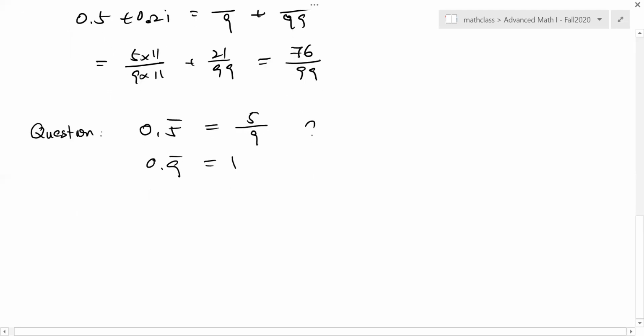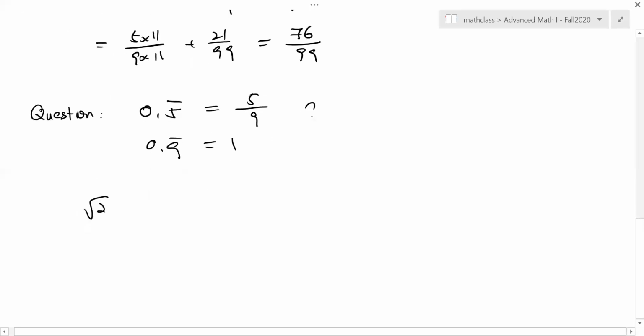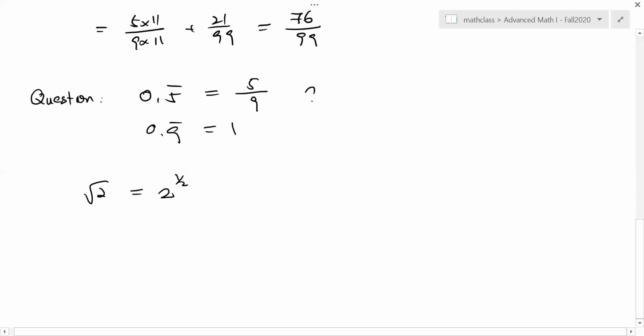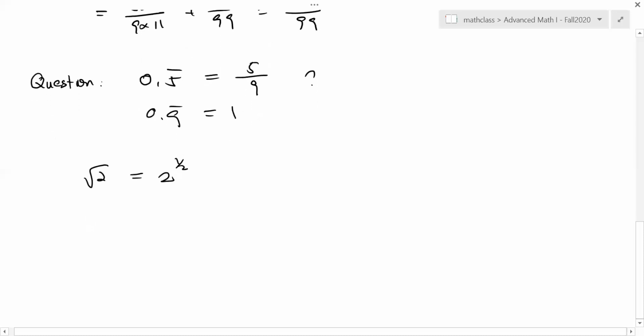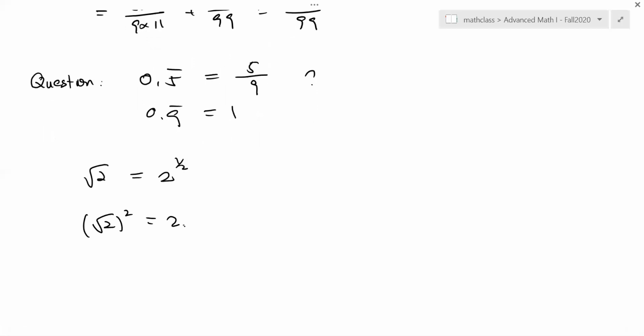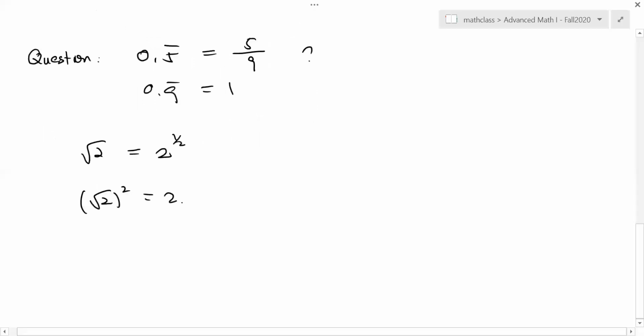I already mentioned square root 2, right? What does square root 2 mean? Square root 2 is also denoted by 2 to the 1/2. This will be the number whose square is 2. That is a positive number. So we can also introduce the nth root of a number.